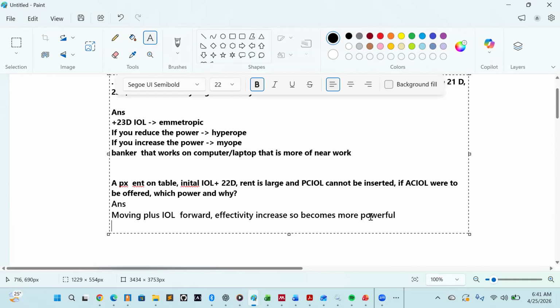The patient is now indirectly myope, even though it's input 24, but because of the position, the 22 has changed to 24. And that is because of the effectivity of lenses. So moving the lens forward, the effectivity increases, and so it becomes more powerful. And so you give 20. That's what you give. You give 20 thereafter.